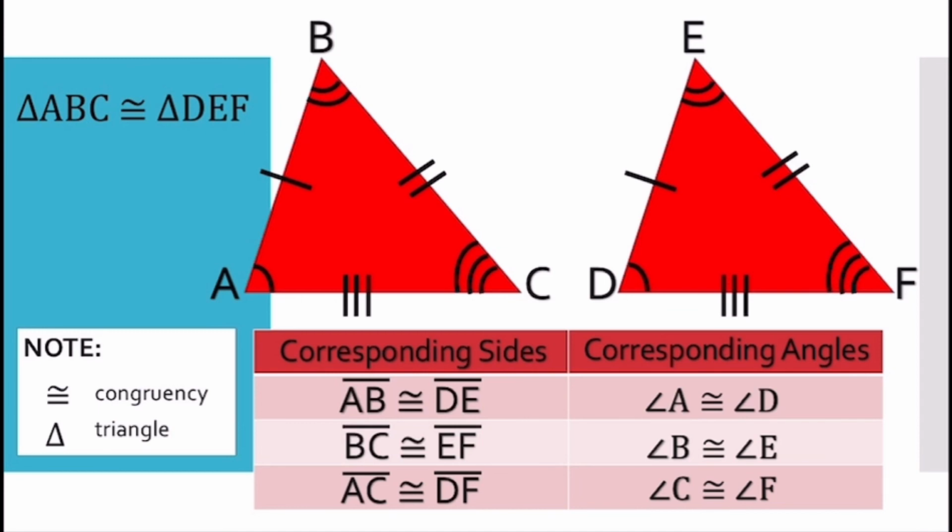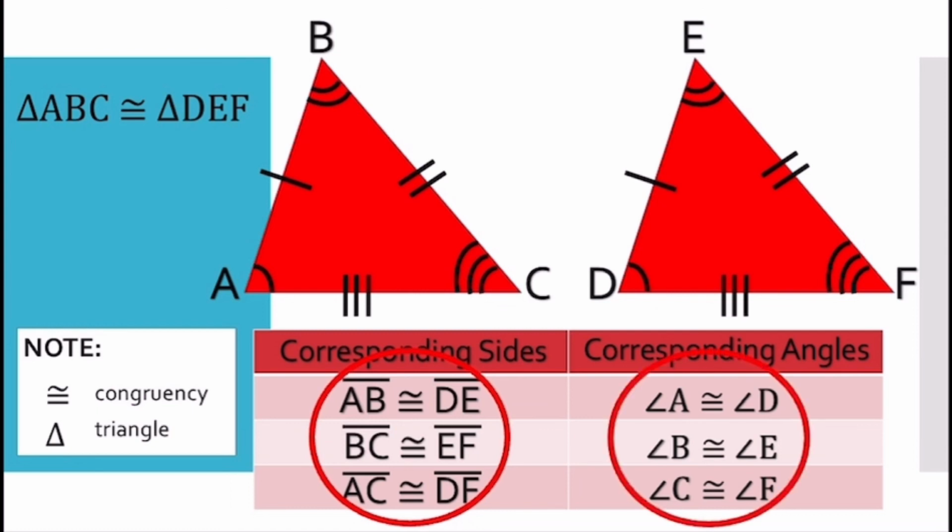Yes, that's right. We have 6 pairs. And what are those? We have 3 pairs for our corresponding congruent sides, and 3 pairs for our corresponding congruent angles. In total, we have 6 pairs.